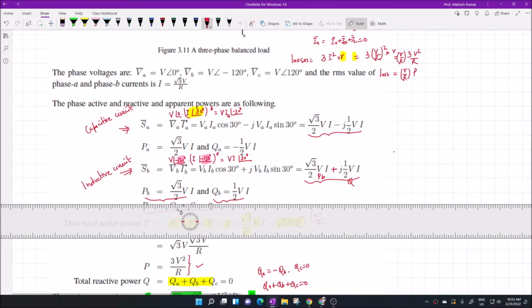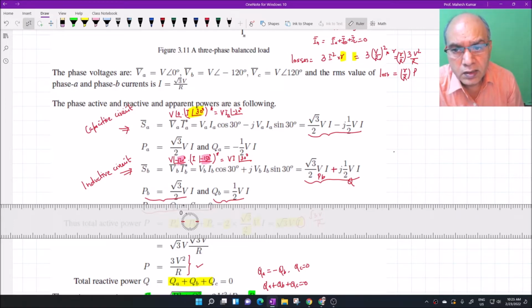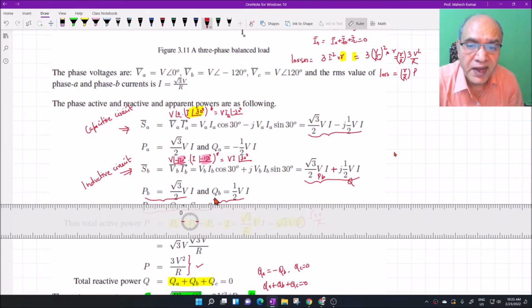But note that there is no capacitance in the system. On the load side there is no capacitance connected, neither is there an inductance, but still the supply of the system will experience as if a capacitive circuit is present for phase A and an inductive circuit is present for phase B. This is because of the unbalance phenomena that will make the current lag or lead with respect to the phase voltages.